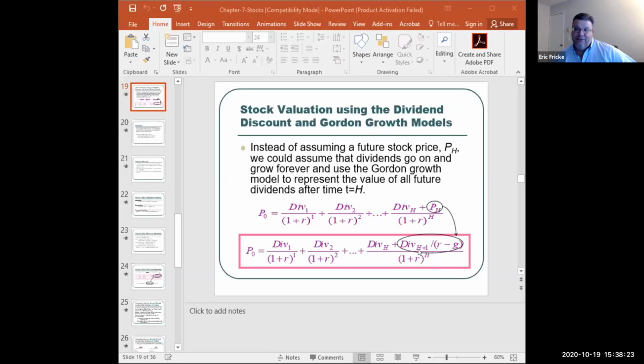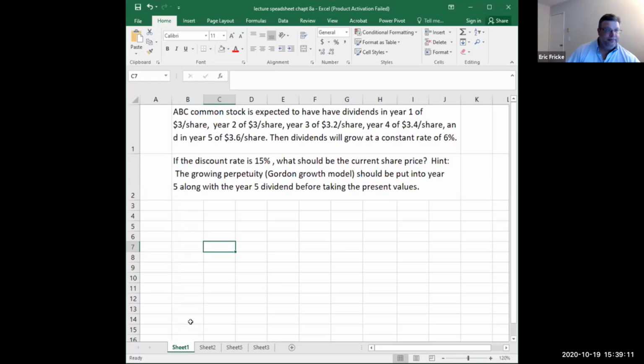So you forecast out to a certain period, but you also have to forecast one more period because that's the dividend you're going to use for the Gordon growth model. Keep that in the back of your mind. This dividend at time H plus 1 is when the constant growth starts.